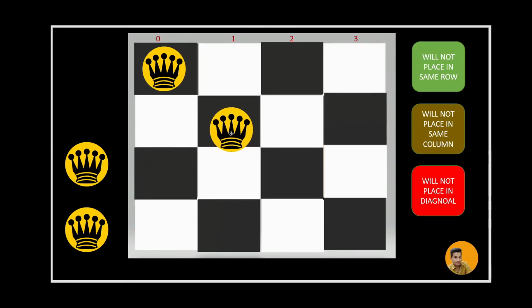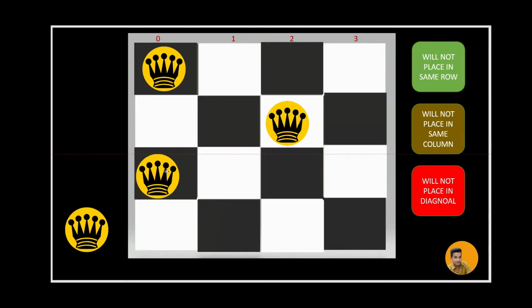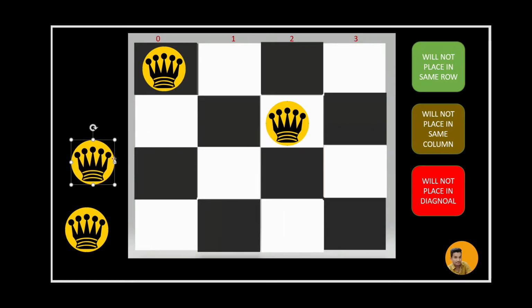Can I keep it here? No, because of the left diagonal. Can I keep it here? Yeah, we can keep it here. Moving on, can I keep it here? No, because of column, diagonal. So this queen doesn't get any position and it has finished the last column. You can't go ahead, so we'll take this out, go back and reconsider our solution.